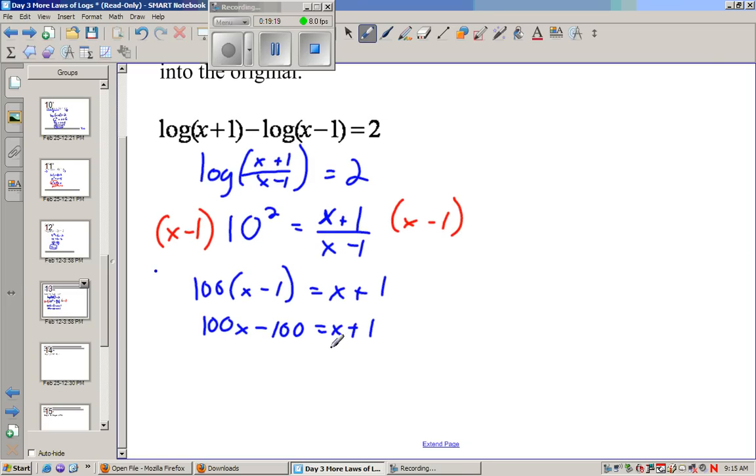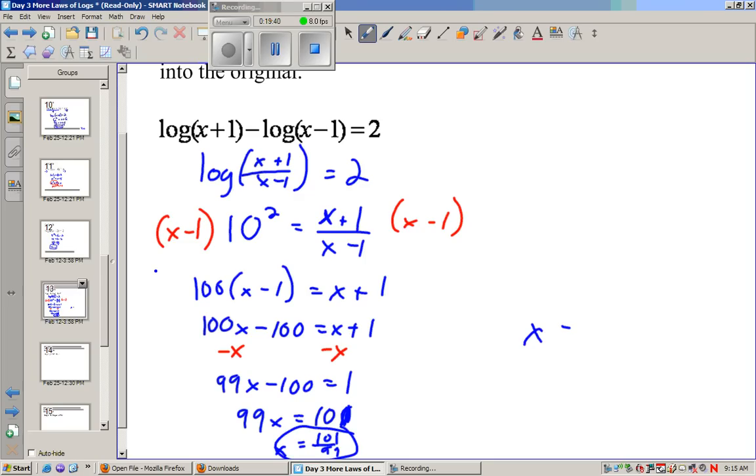Now I would subtract x from both sides, leaving us with 99x minus 100 is equal to 1. Add 100 to both sides, so 99x is equal to 101. Divide by 99, and so 101/99 is going to be our value for x.